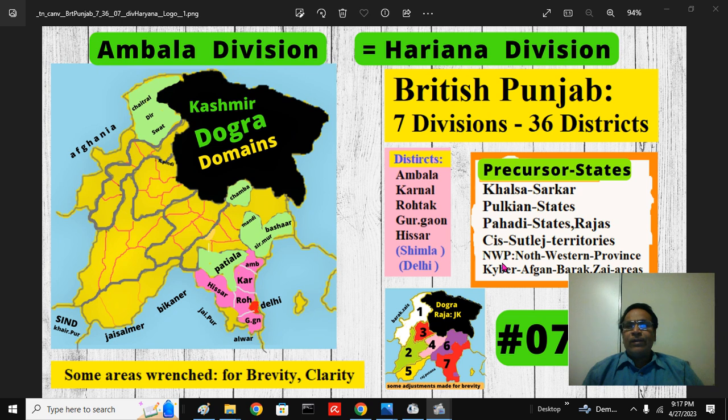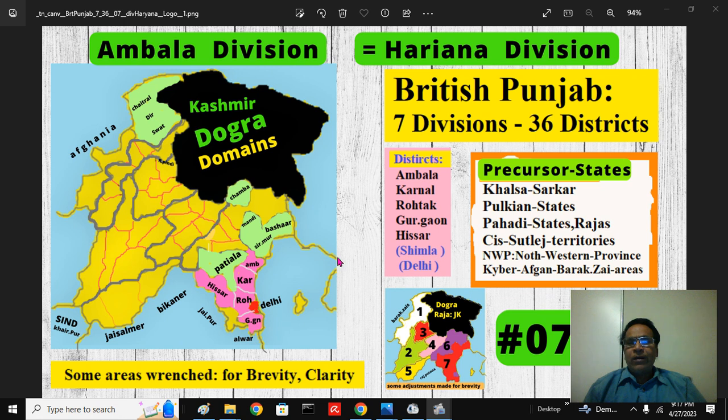Essentially NWP means Uttar Pradesh, later called the United Provinces of Agra and Awadh. The Durand Treaty also got certain territories from the Afghan ruler in the Durand Line of 1895, before 1900. These are all the precursors.